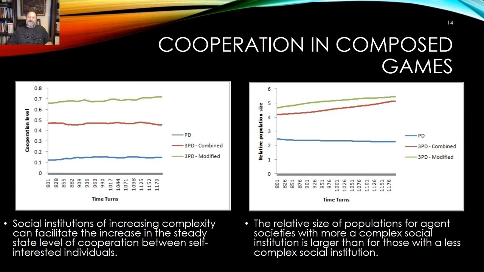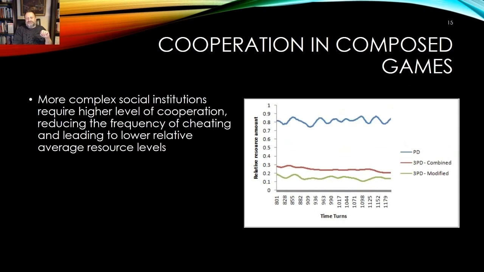Then we get somewhat less population size for the simple combined version, and much less for the plain prisoner dilemma. So again, our interpretation of this is that the relative size of populations grows with the complexity of the social institutions, at least in the context of this simulated society.